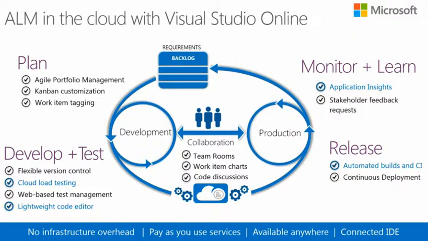That's our cloud load testing service, a completely new lightweight browser-based code editor, and our hosted automated builds. We'll also touch briefly on Application Insights, which will let you learn more about your application while it's running.